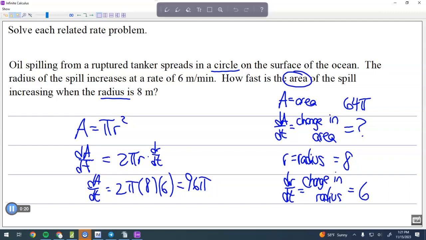So the area changes at meters squared per minute. If the radius was changing, what would the label be? It would just be meters per minute, because the radius is in meters.